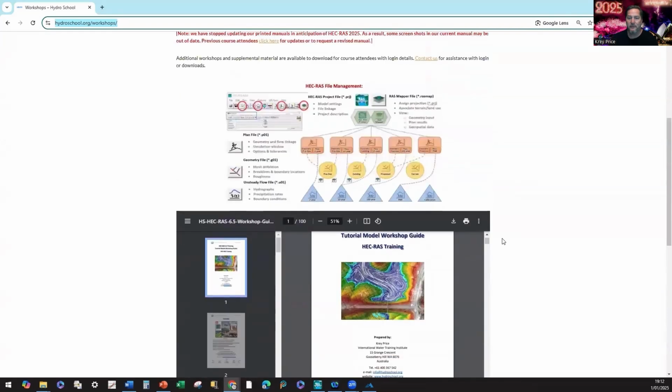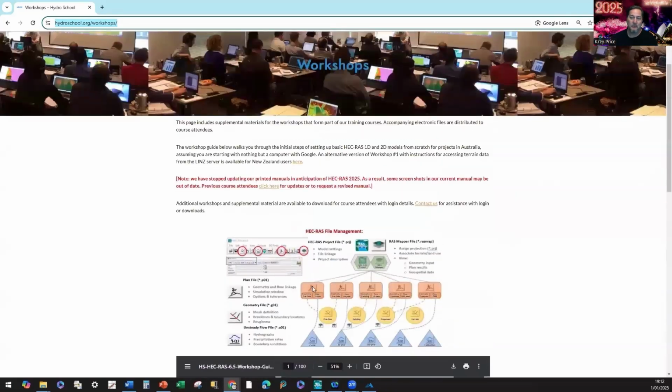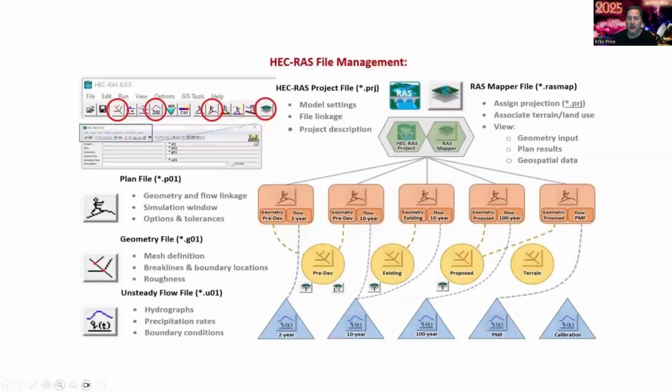It's got some suggestions for template folders when you start a new model. But before we do some of that ourselves, I thought I'd point out the schematic here, just to make sure the file structure of HEC-RAS is understood. So just to outline what we'll do in this particular video series, we're going to create a new project, which you can see here. That's the PRJ file. We'll then go into RAS Mapper to set things up geospatially there.